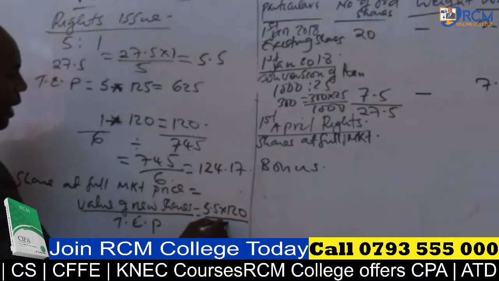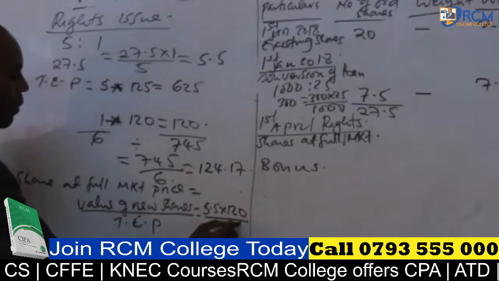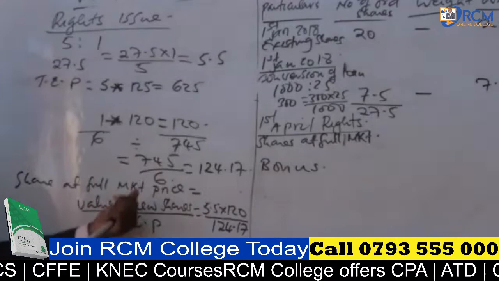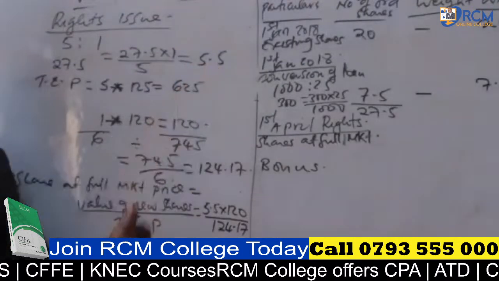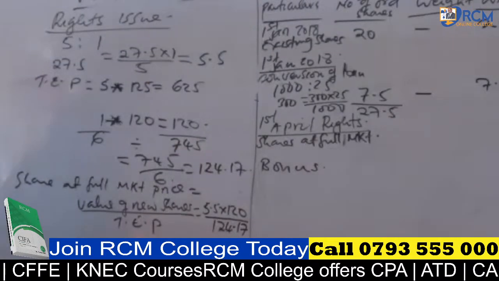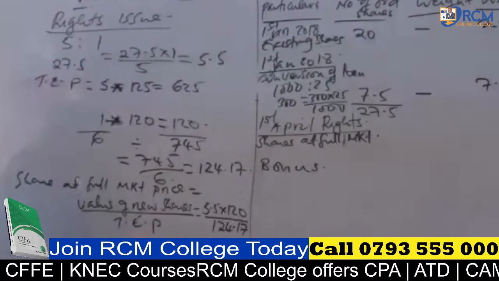Then I divide by 124.17. Value of new shares, you take the new shares 5.5, we issued them at which price? 20 plus 7.5, yes.